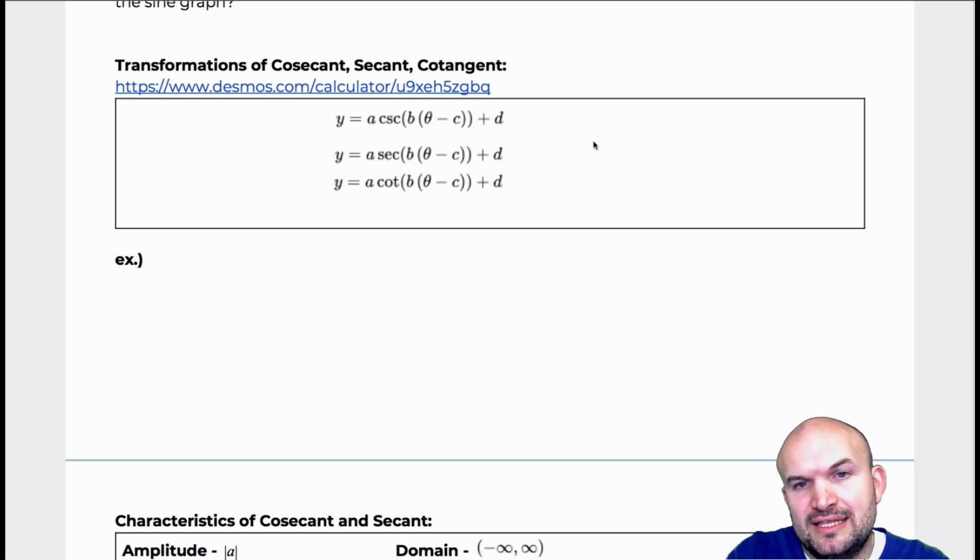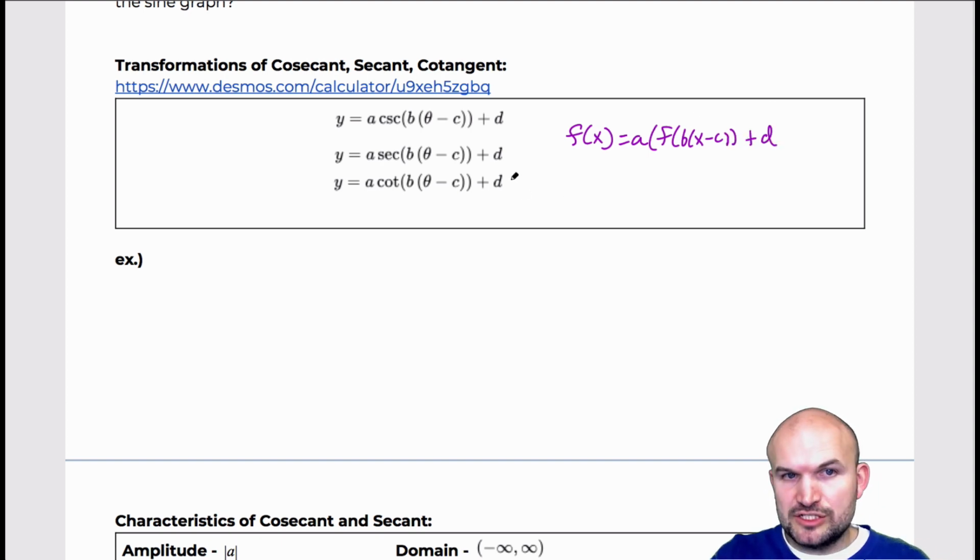Again, when we looked at f of x equals a times f of b times x minus c, plus d, these go through the transformation.